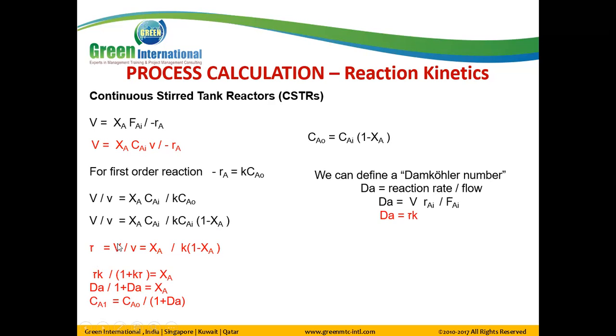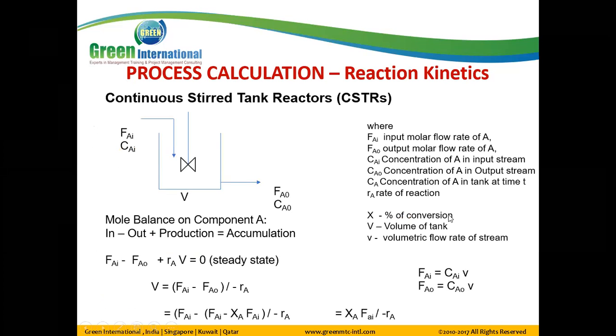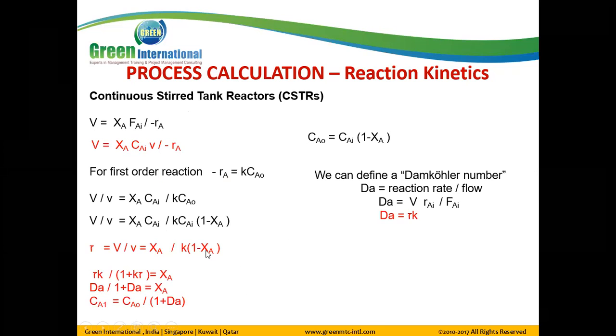Tau is nothing but capital V by small v, which is XA divided by K into 1 minus XA, where XA is the percentage of conversion. If I know the percentage of conversion and the rate constant, I can calculate either the volume of tank or the volumetric flow rate.